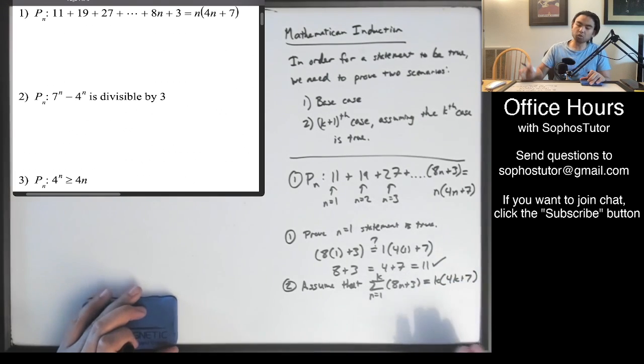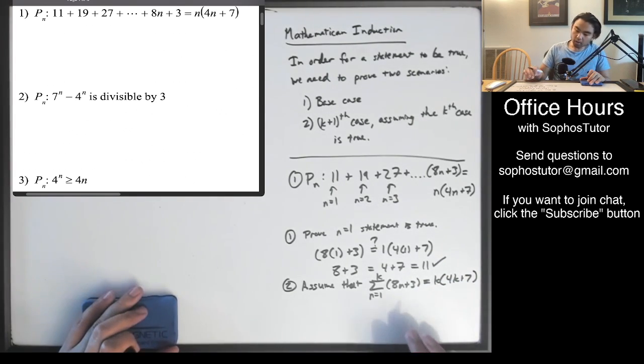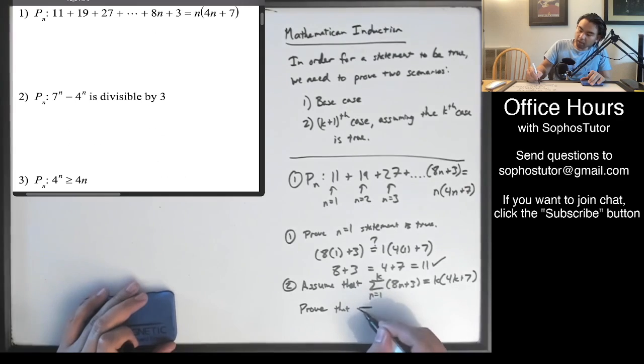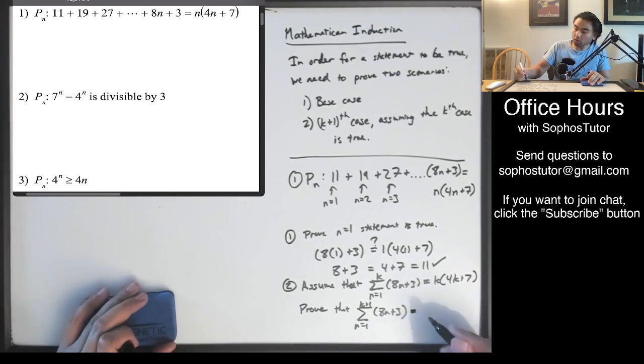We're going to assume that that's true. So now we need to prove that the summations from n equals 1 to k plus 1 of 8n plus 3 is equal to k plus 1 times 4 times k plus 1 plus 7.